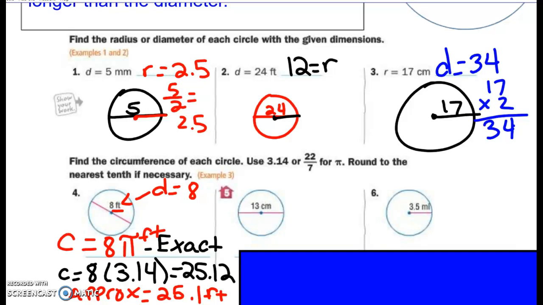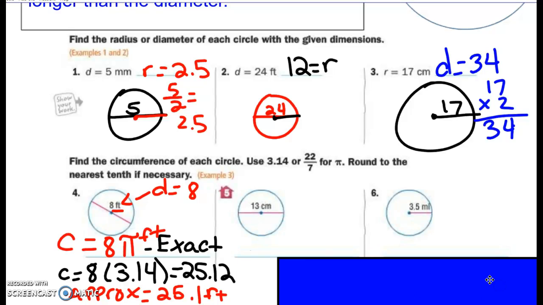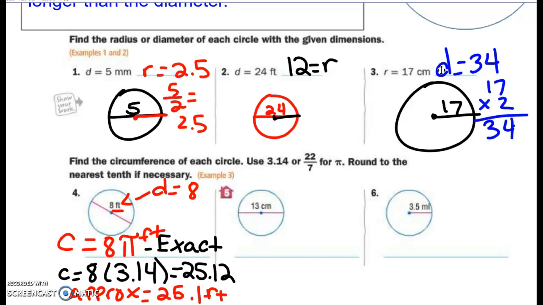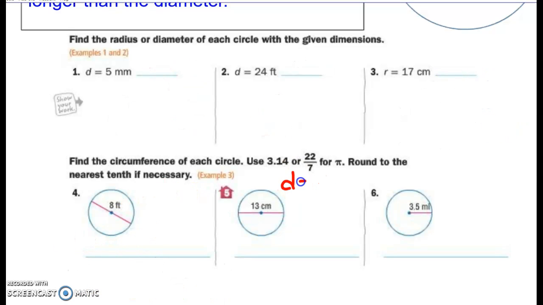Now, I would encourage you to pause the video and try example 5 on your own, and then push play to check your work. So in example 5, again, this time it tells me the diameter. If the diameter is 13, in order to find the circumference, I need to multiply the diameter times pi.